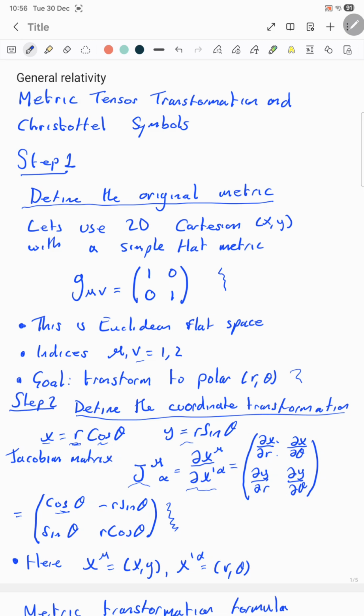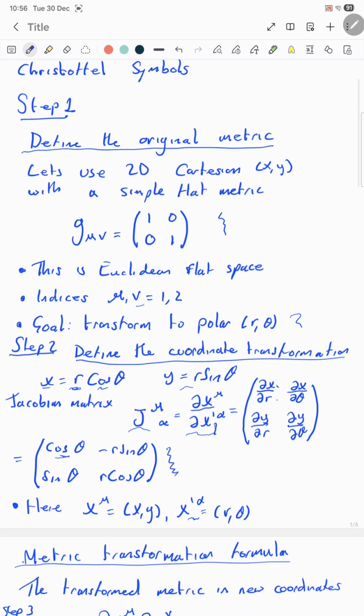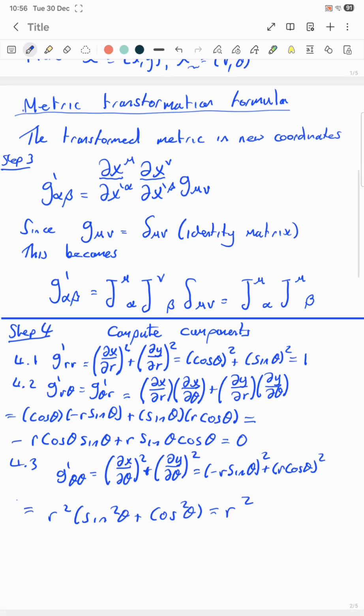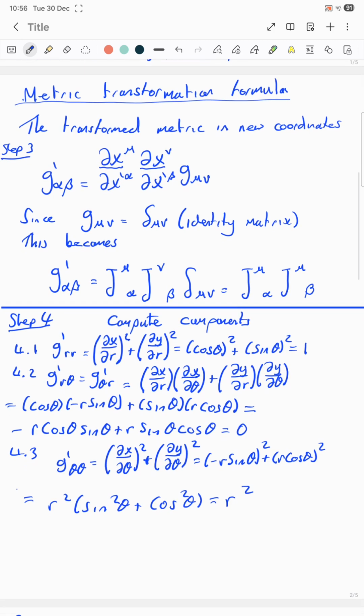So here x^mu equals x, y, and x'^alpha equals r, theta, our polar coordinates. And you'll see x'^alpha here is on the lower part because we're differentiating with respect to that. Now our metric transformation formula, the transformed metric in new coordinates. This is step 3, where our new primed coordinates is this after undergoing these transformations.